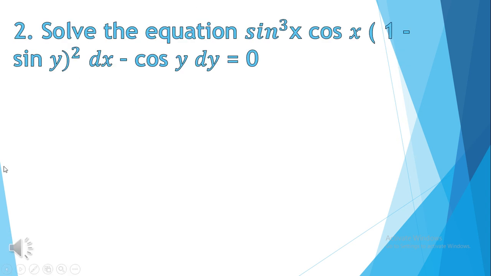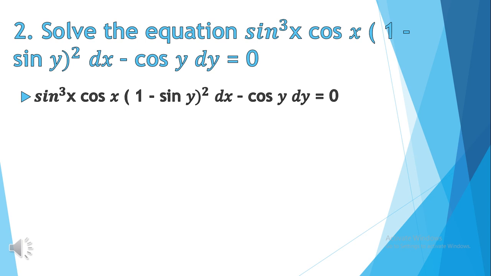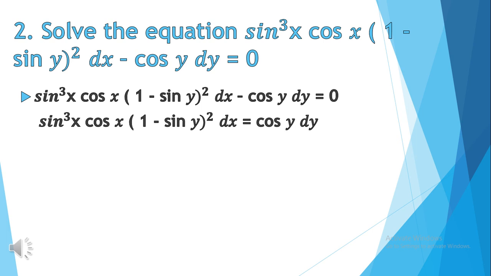Sin cube x cos x quantity 1 minus sin y squared dx minus cos y dy equals 0. We need to separate the x's and y's on both sides. So, sin cube x cos x quantity 1 minus sin y squared dx equals cos y dy. Then, to cancel the quantity 1 minus sin y squared on the left, we need to divide both sides by it.